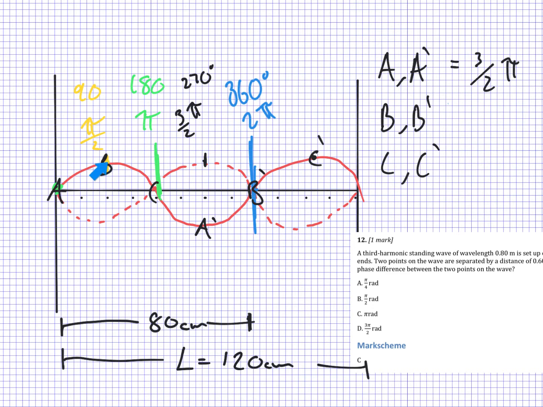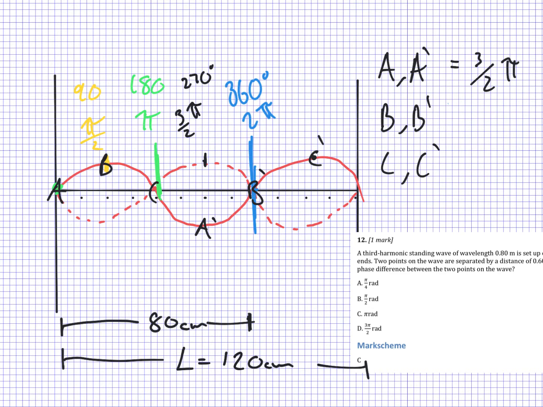Well, B is this point, and then B prime is also over here. And so that's 1/2 pi, where's my starting point, and then to get to 2 pi, well, I've got to add 3/2 of the wave. So again, that's 3/2 pi.